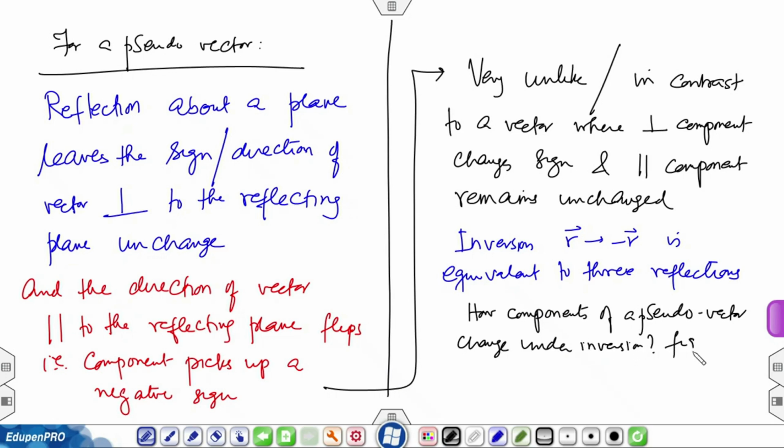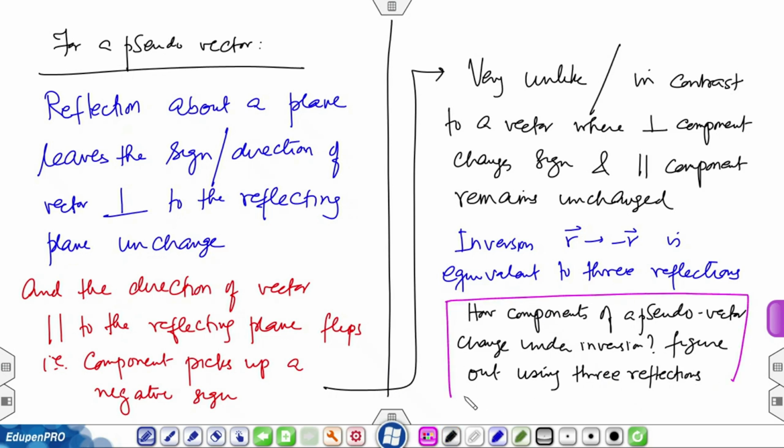Figure out using 3 reflections. I am leaving that as an exercise for you.